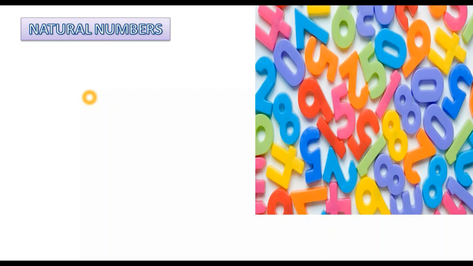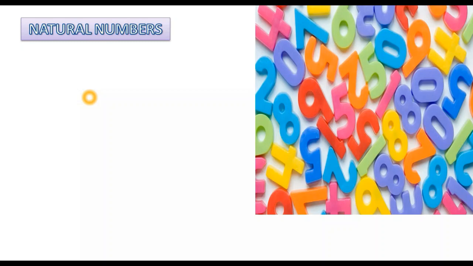However, that doesn't mean that only one, two, three are our numbers. We also have numbers like 1 by 2, half, 3 by 4, something like 0.25. These are also numbers, right? But these are a little complicated numbers, right?